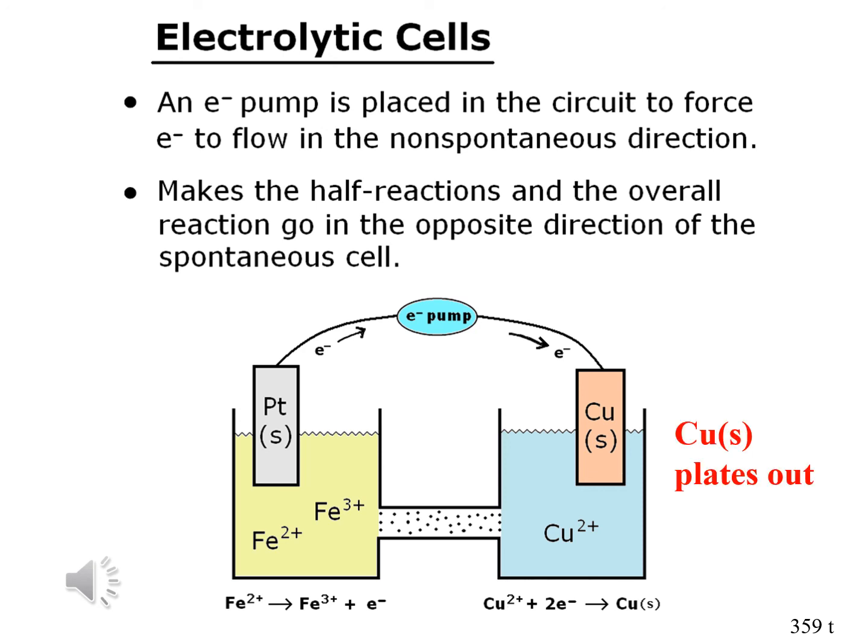So if you do pump electrons into copper, you're going to cause copper to plate out on the bar. Now the question is, how much copper is going to plate out? I mean, if you shut off the pump, you're not going to get any more plating. So it makes sense that the amount of copper that plates out is going to depend on how many electrons you pump through the circuit.